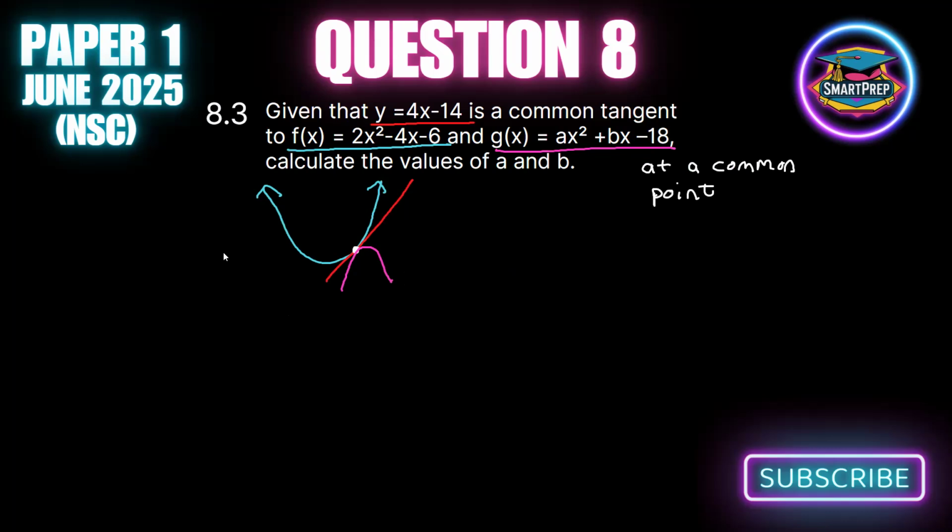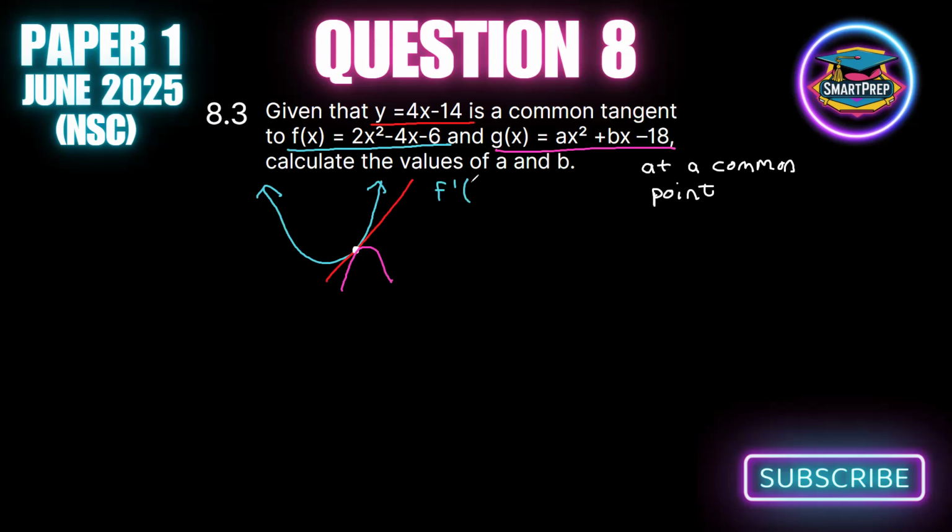Okay, so the first thing they tell you is that it's got a common tangent to f of x. So what does that mean? It means that the slope of the tangent is 4, meaning, where is the slope of f of x equal to 4? And how do we find the slope of a parabola? Well, we get f dash of x, right?